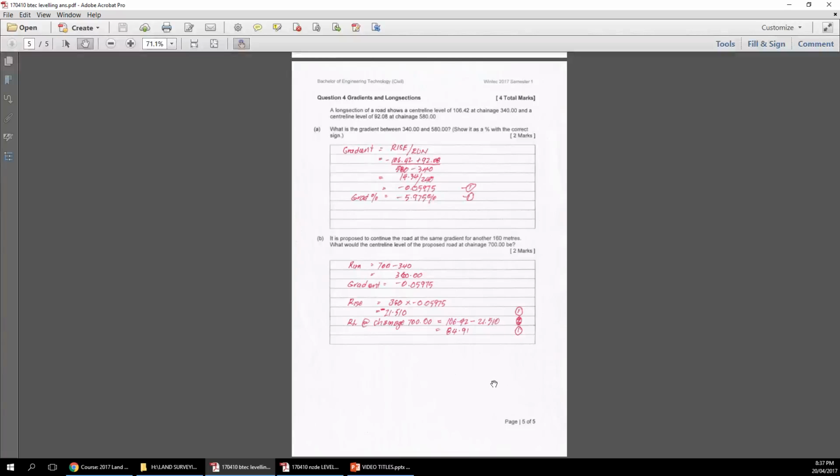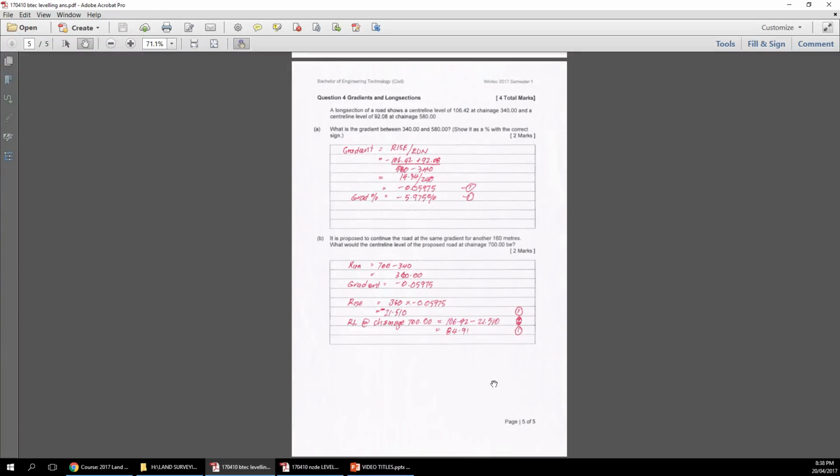So you're going from 700 to 340. 700 minus 340 is 360. Okay, and the gradient's that. So the rise over 360 metres would be 360 times negative, which is minus 21.51.